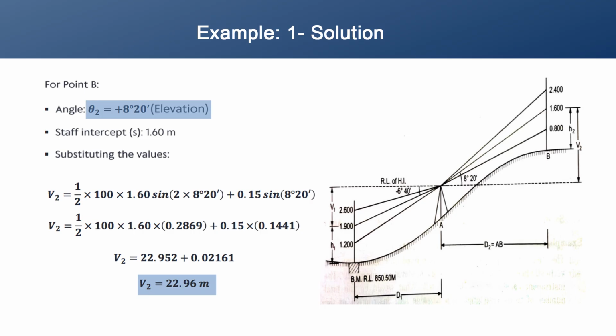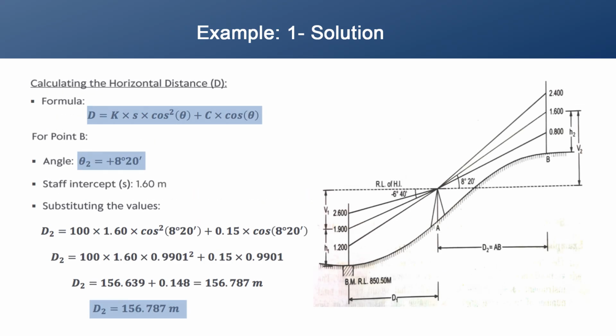So, V2 is equal to 1 by 2 into 100 into 1.60 into 0.2869 plus 0.15 into 0.1441, which is reduced to V2 is equal to 22.952 plus 0.02161, which gives a value of 22.96 meter.